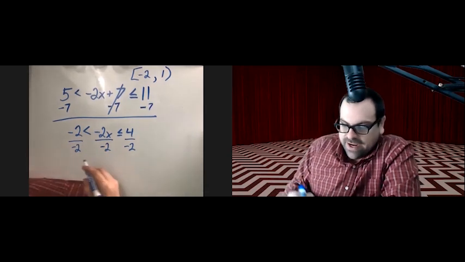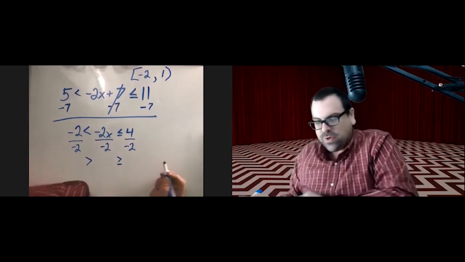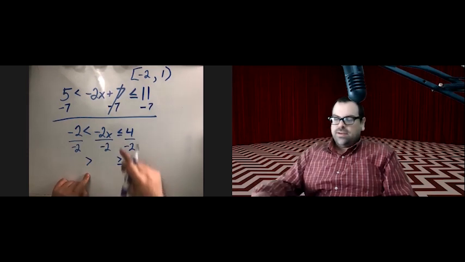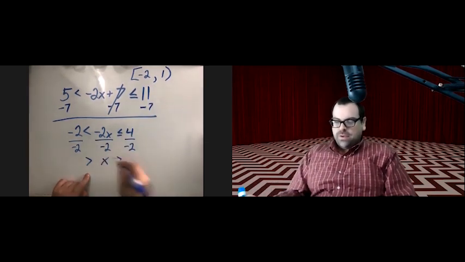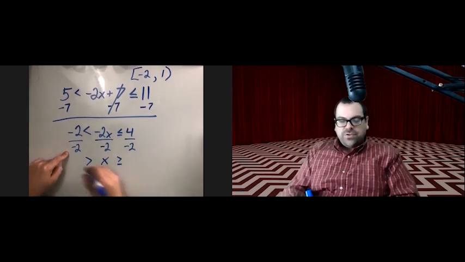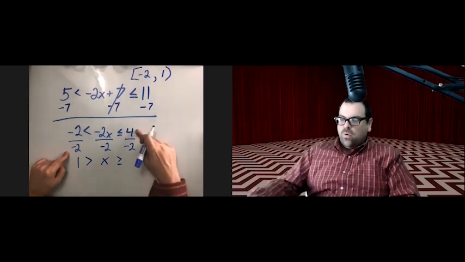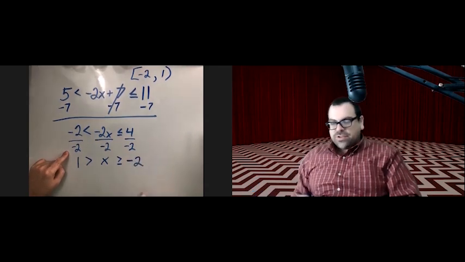Since we divided by -2, things switch. The less thans become greater thans. Less than or equal to becomes greater than or equal to. -2 divided by -2 is +1. 4 divided by -2 is -2.